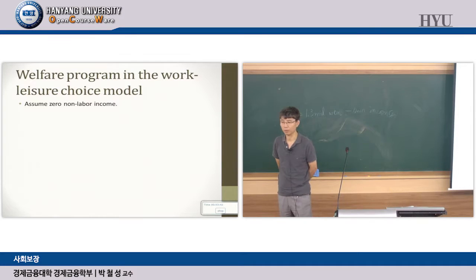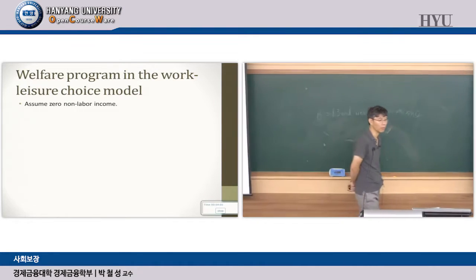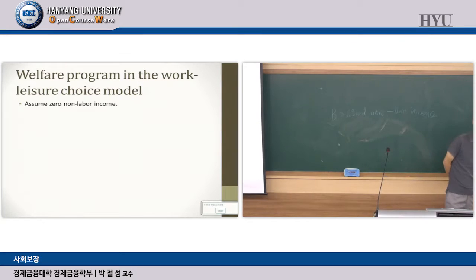Actually, we can assume there is non-labor income, but it doesn't matter much. But to make it simple, we assume there is no non-labor income. It should be a reasonable assumption especially for poorer households. Probably they have few assets anyway. So no non-labor income.